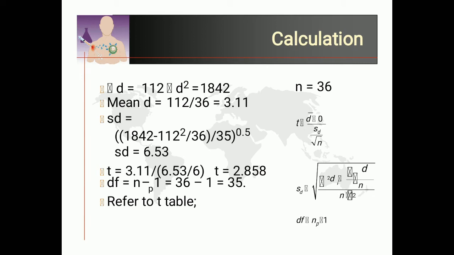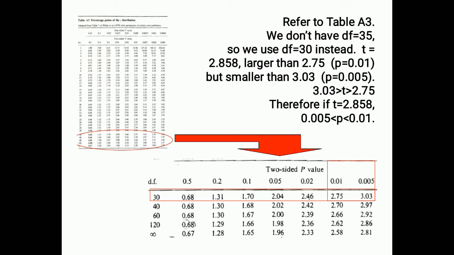So here we are calculating the t-test. Refer for this data to Table A3, as you can see by the red arrow. We don't have degrees of freedom equal to 35, so we use degrees of freedom 30 instead of 35. In the previous slide we found the t value is 2.858. It is larger than 2.75, for which the p value is 0.01.